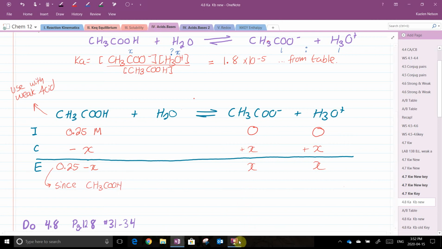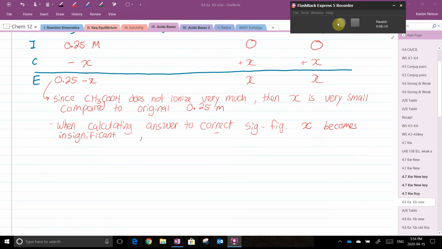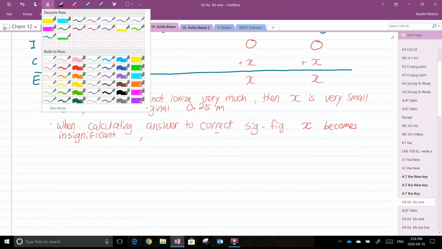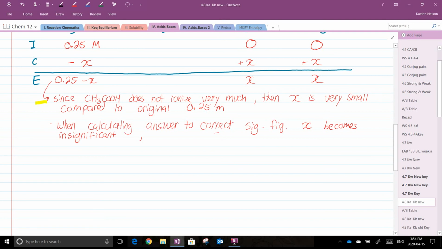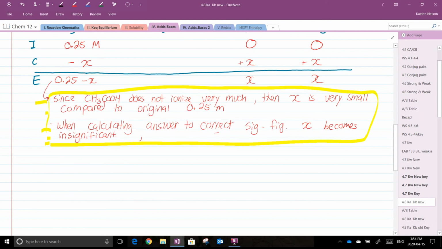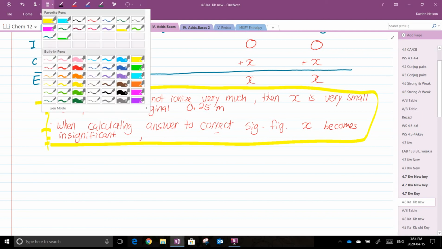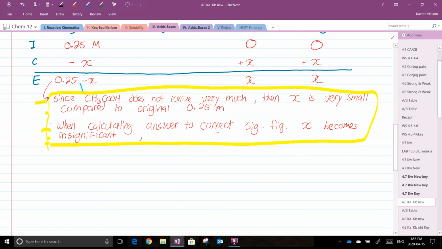Just going to pause while I fill this in. Okay, I've put quite a large note here. You may need to go back and pause my video where you fill in this little piece here. And it has to do with this value here. Since the CH3COOH, that's our acid, does not ionize very much, X is very small compared to the original number.